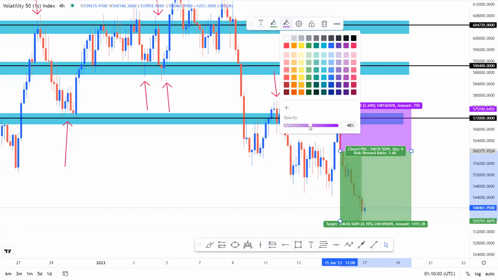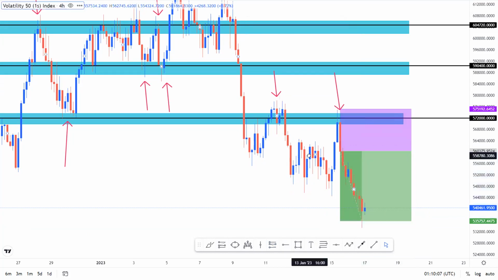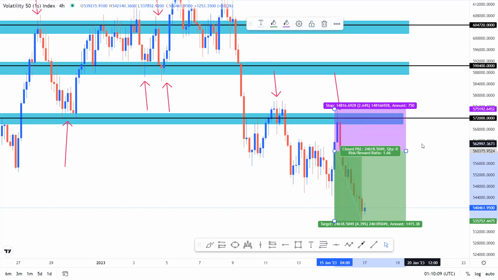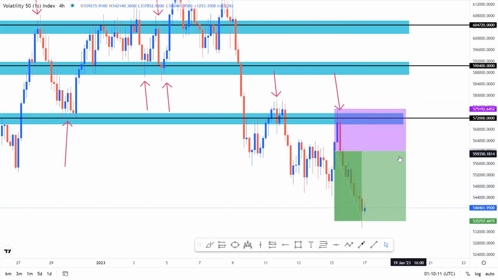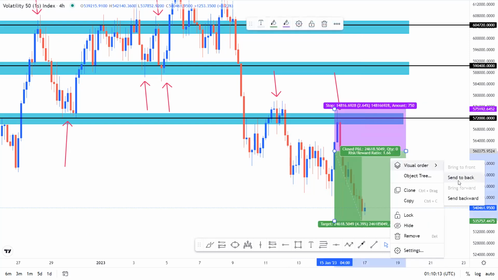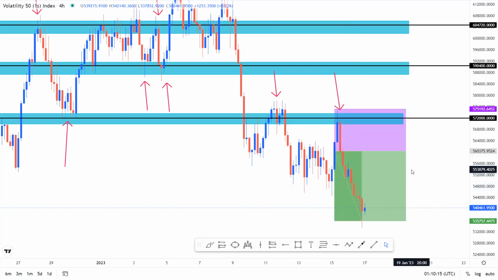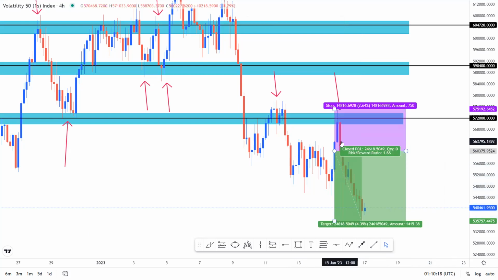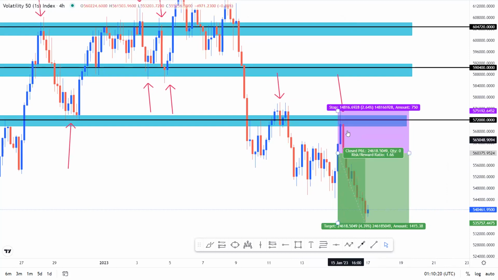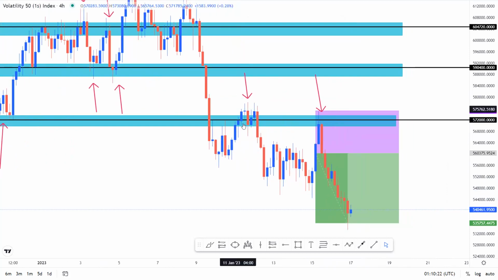Yeah, the bearish engulfing is the confirmation or the entry signal to go short. Clearly from this level, we had a break of this key level, and then we had a retest.